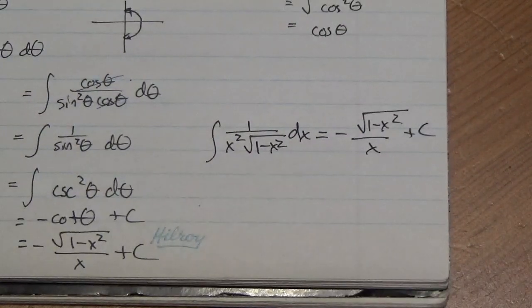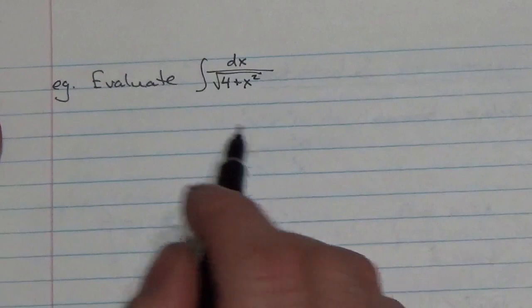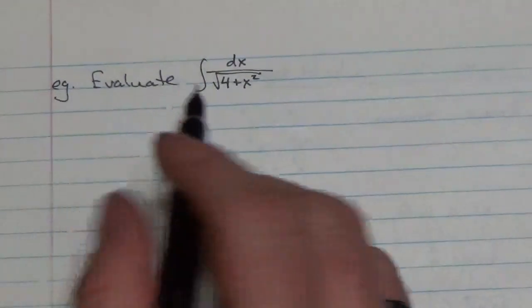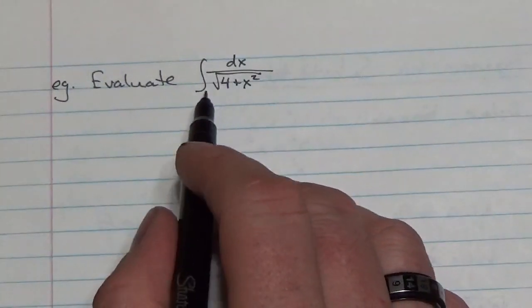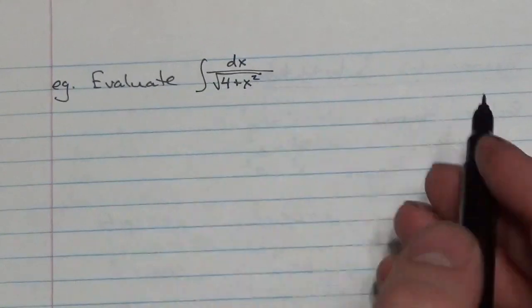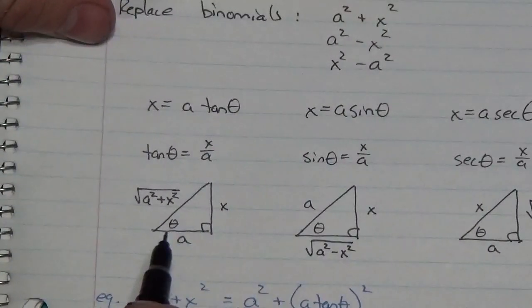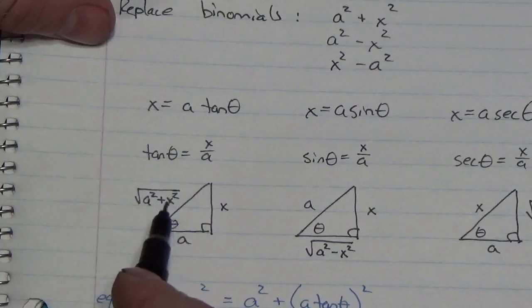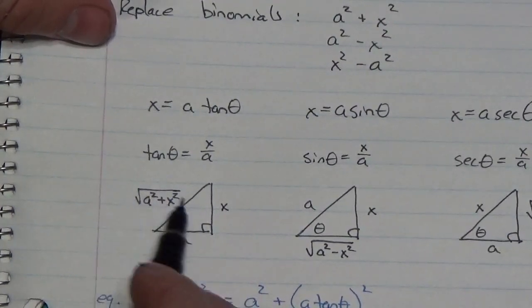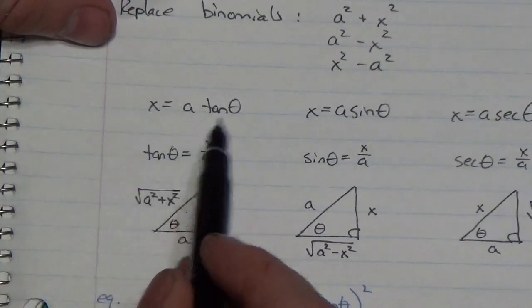But I'll show you another example here. In this example, we're being told to evaluate the integral of 1 over the square root of 4 plus x squared. If you flip back to the triangles we looked at before, the square root of a squared plus x squared is the pattern we're seeing, and this is the substitution we're supposed to use.